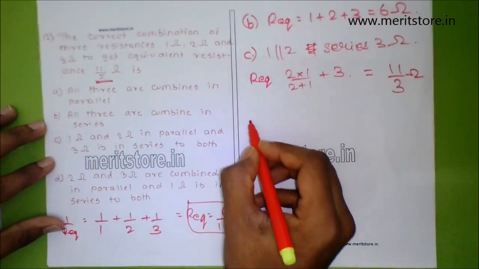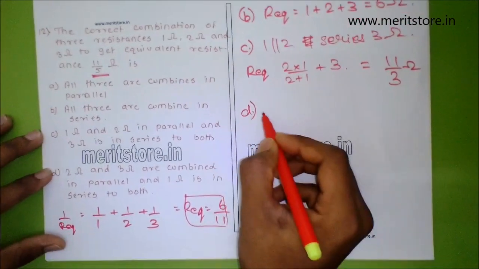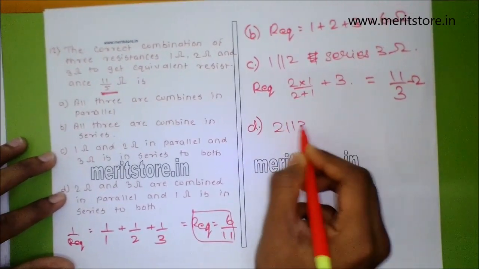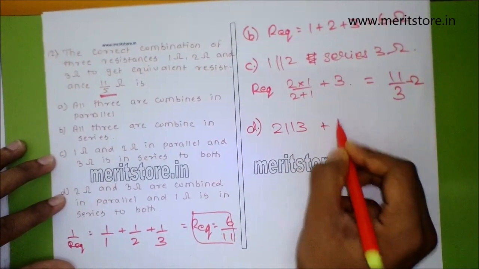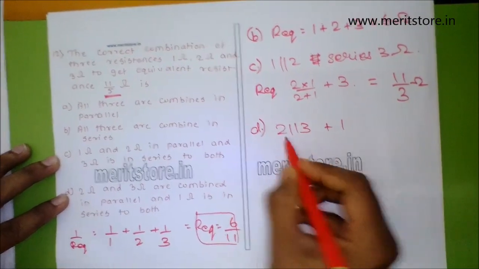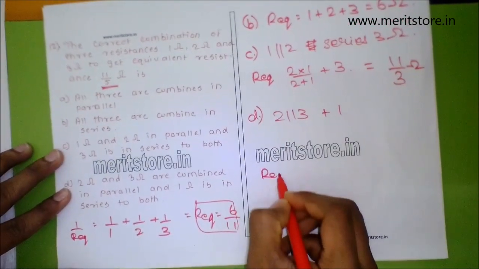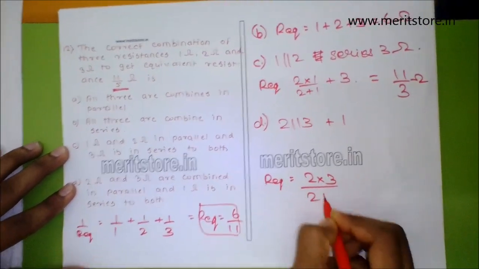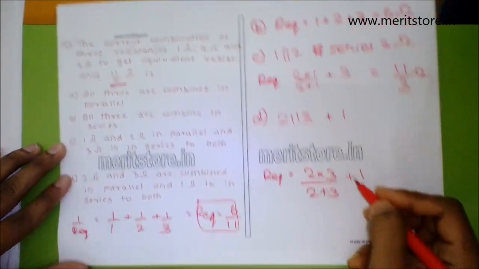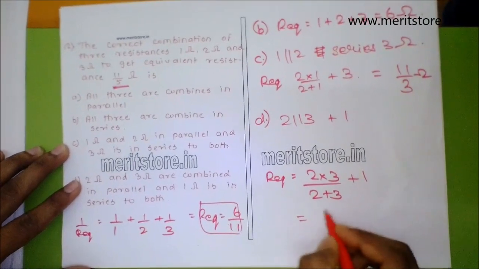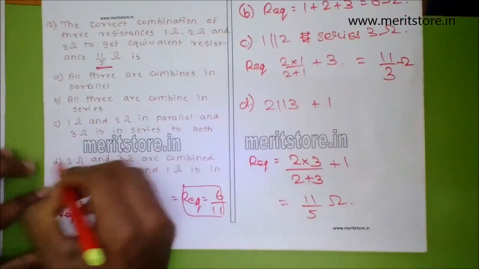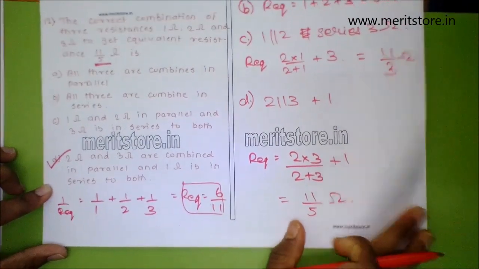This is also not the correct answer. For option D, 2 ohms and 3 ohms are in parallel and in series with 1 ohm. On solving this, R equivalent is 2 into 3 upon 2 plus 3, in series with 1 ohm. In solving this, we get the equivalent resistance as 11 by 5 ohms. Hence, option D is the correct answer.